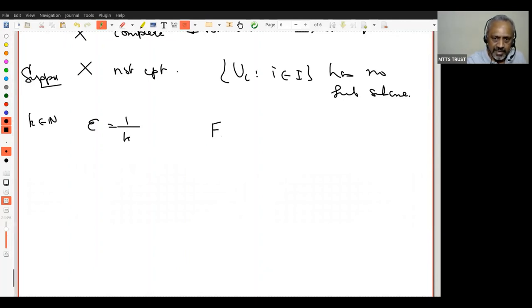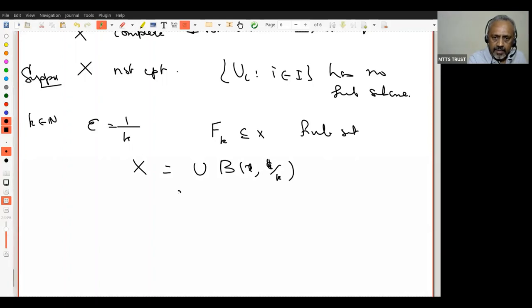That means there is a finite subset Fk of X, so that X is the union of B(x, 1/k) for x in Fk. You understand this? This is because of total boundedness. This is the way this is going to replace our bisection trick.